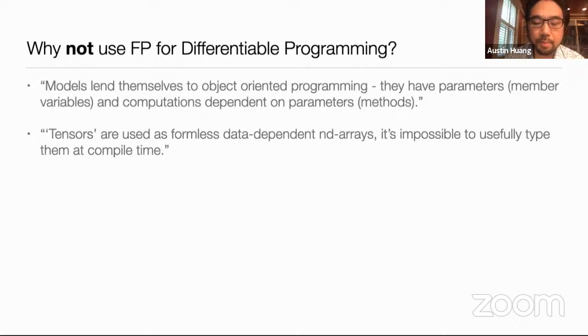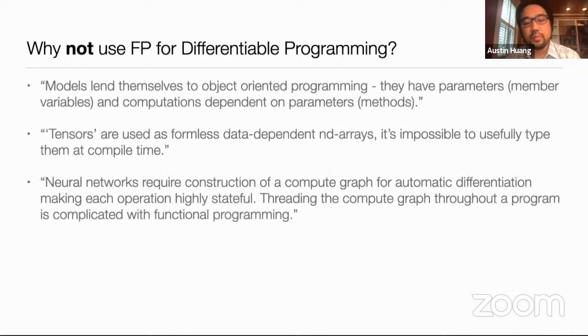So what's the role of static typing in that context? If I just have one tensor type on everything, am I really adding anything useful? Third is this automatic differentiation mechanism, and most descriptions of it seem highly stateful, and trying to thread that through the program seems pretty complicated to do with functional programming.